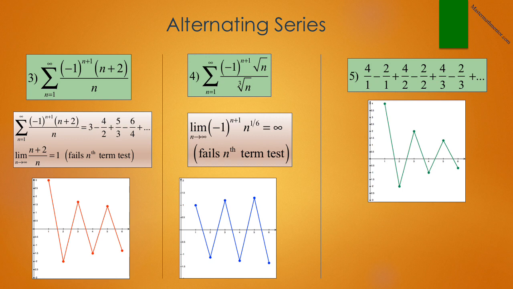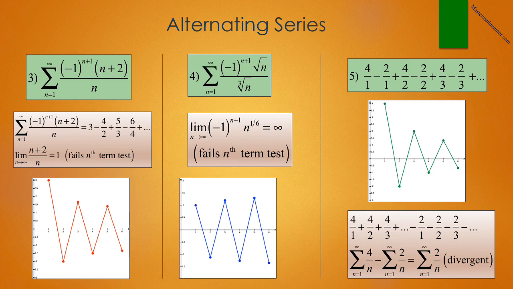We see this in the graph. 4 is bigger than 2, but then the second and third terms are both 2. The fourth term is 1, but then the next term goes up to 4/3. So unless we can write this as a sigma notation problem, it's going to be very difficult to apply the alternating series test here.